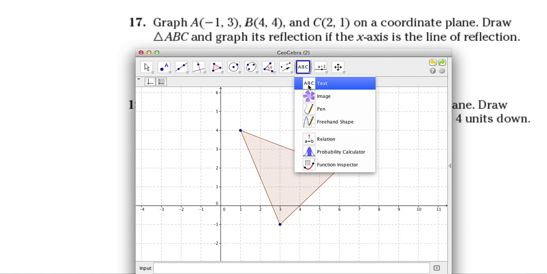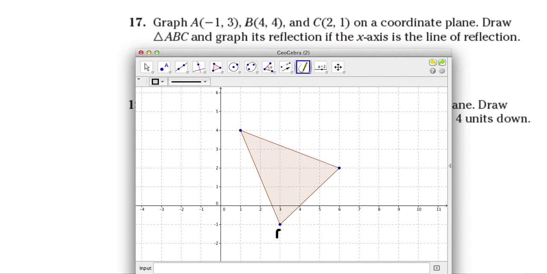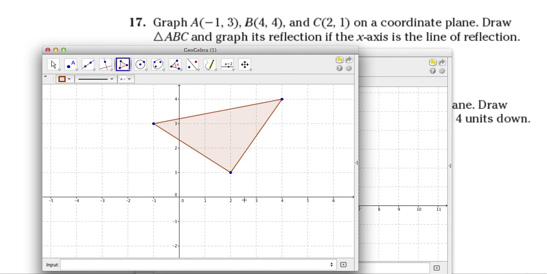This is point A, and you have 4, 4, negative 1, 3, this one. I think this is the one. Negative 1, 3, yeah, this is the one.